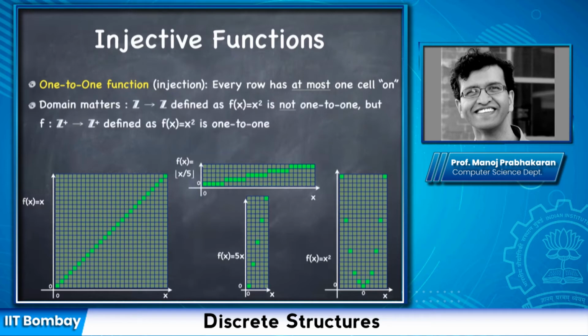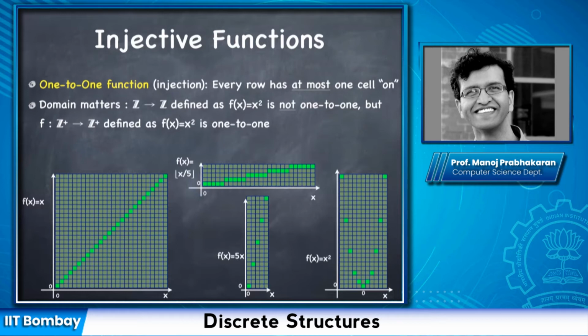Now the domain matters. Just like you could manipulate the image and make any function an onto function, you could manipulate the domain and make any function a one-to-one function. However, you will be losing some information about the function. You will only be talking about a part of the function.